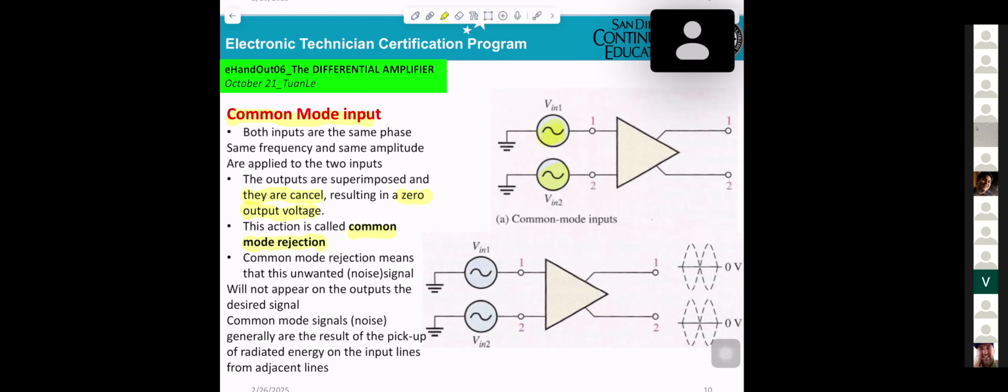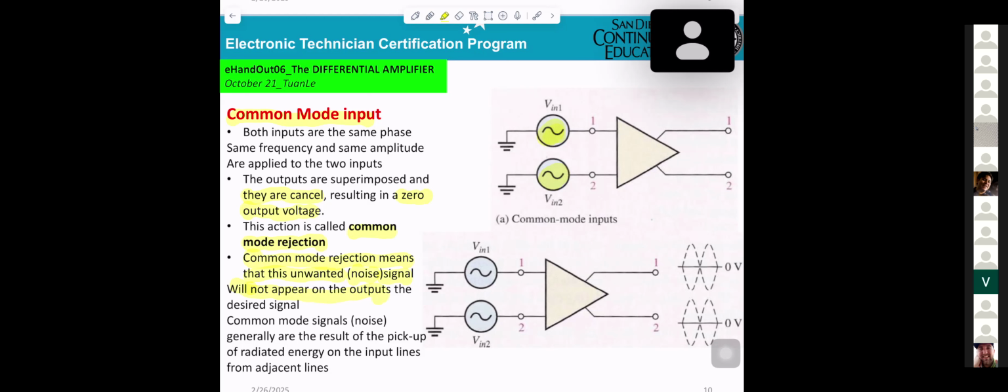Common mode rejection means that this unwanted noise signal will not appear on the output, only the desired signal.